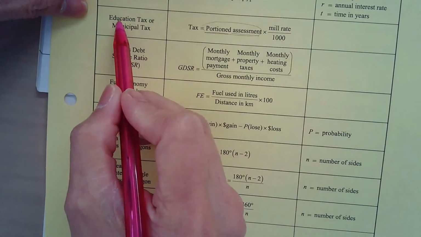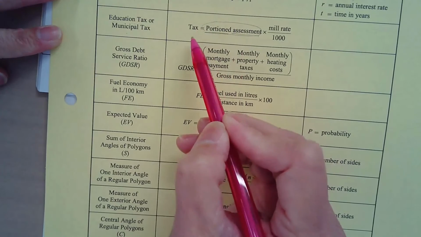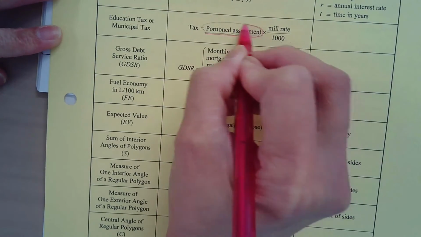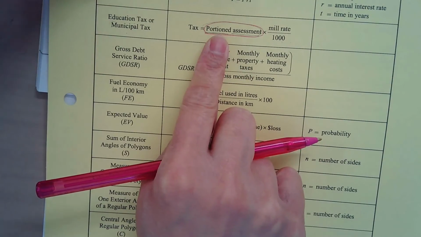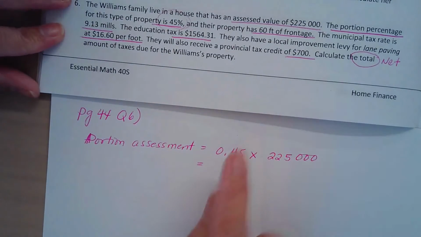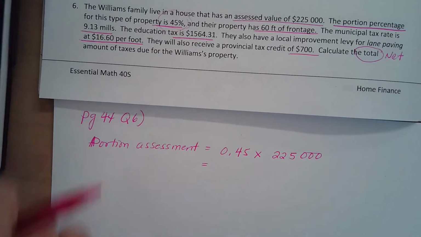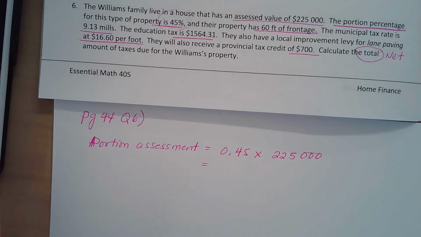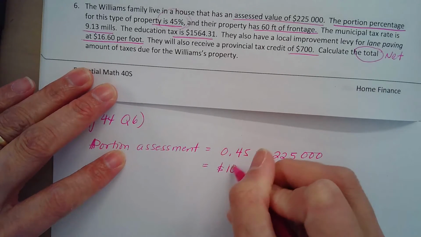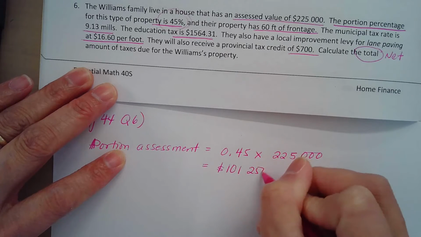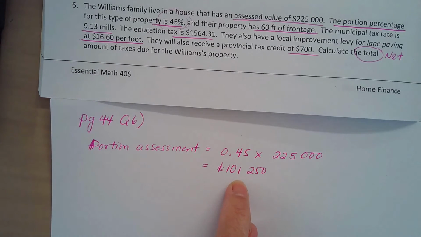Education tax or municipal tax, the one you were given last time, equals the portion assessment times the mill rate, so that's why we had to calculate the portion assessment first. Portion assessment is 45% of the value of the property. So 0.45 times 225,000 is $101,250. Make sure we put a dollar sign because it's an amount.